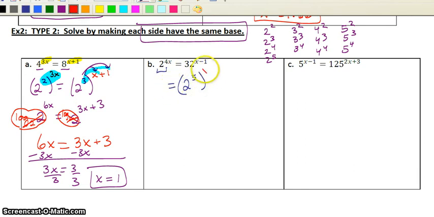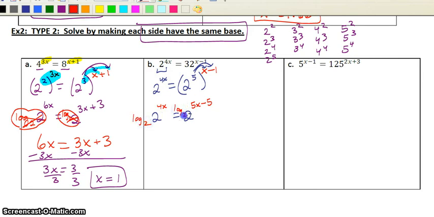And this one is already nicely written for us. So I'm going to distribute my 5 quick. So I've got 2 to the 5x minus 5 exponent there. And on this side, 2 to the 4x exponent. And that whole left side I never had to do anything with. So now I would take log base 2 of both sides.